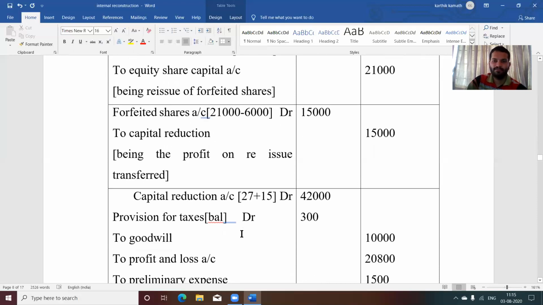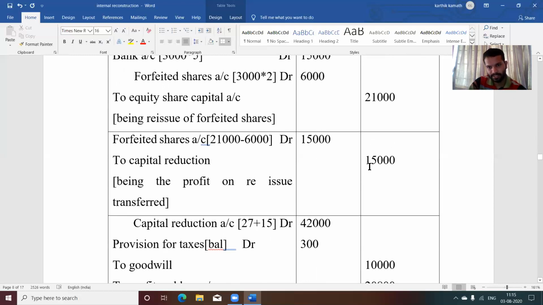Then after doing all these things, what are you going to do? You are going to set off all the fictitious assets and losses. This is the procedure of reduction of share capital or alteration of share capital. Now for the capital reduction account, we want the credit side balance.